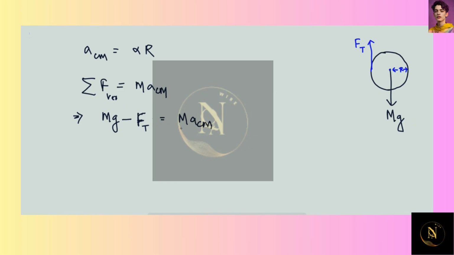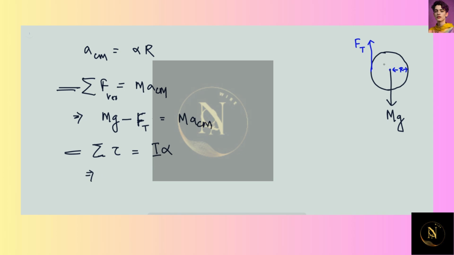Now we write Newton's second law for rotation. The net torque is equal to I times alpha. These two equations are analogous for translational motion and rotational motion.